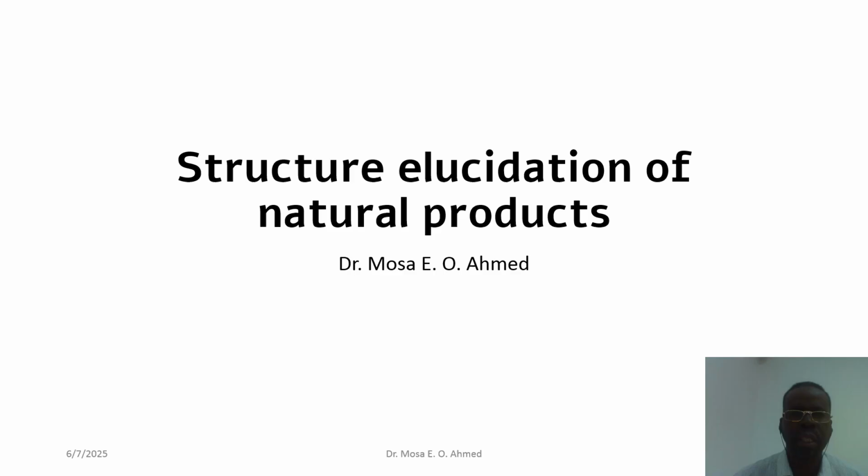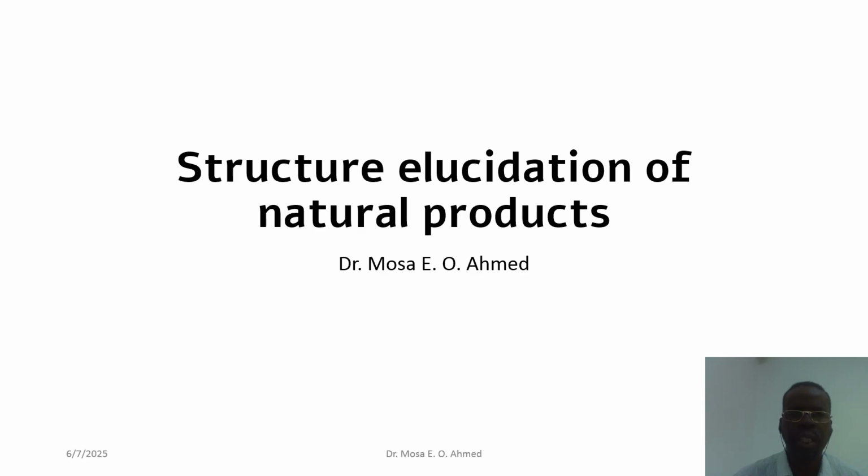Identification of the chemical structure can be carried out by using spectroscopic techniques such as mass spectrometry, MS, UV-visible spectrometry, ultraviolet, NMR, which is nuclear magnetic resonance, and IR infrared spectroscopy.